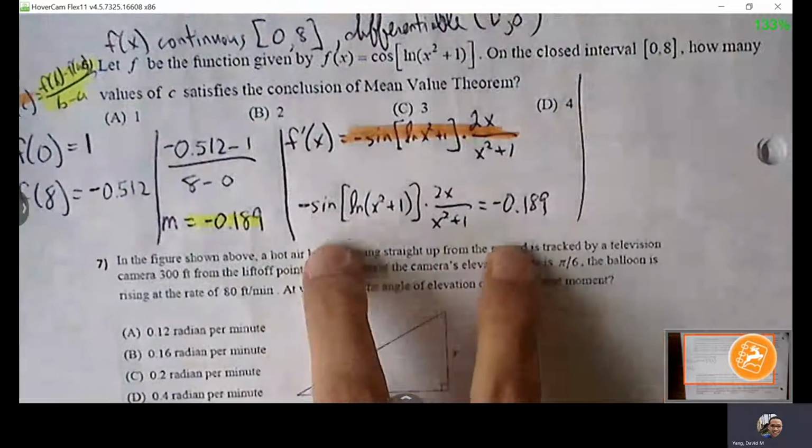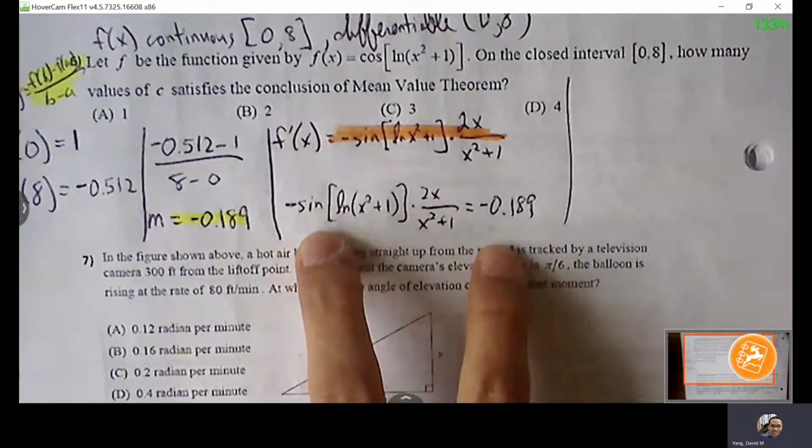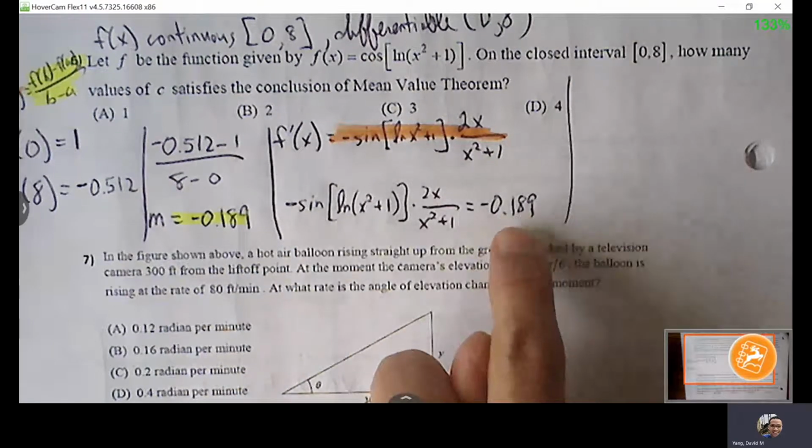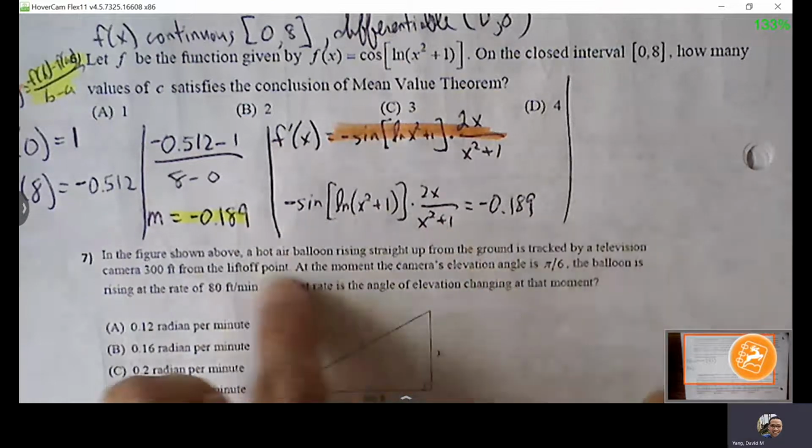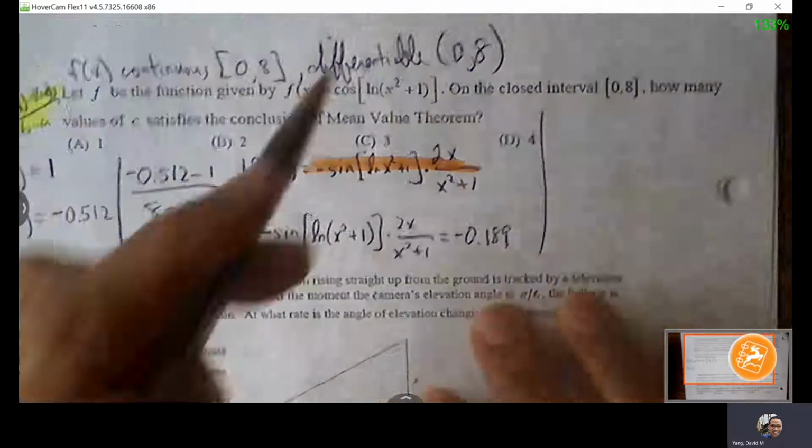Now this one is difficult to solve by hand, so we're going to make the best use of the calculator. We're going to graph this. So the way you want to graph it is you want to bring everything over to one side and set equal to 0.